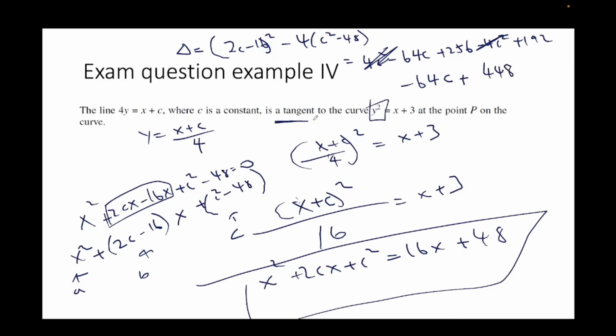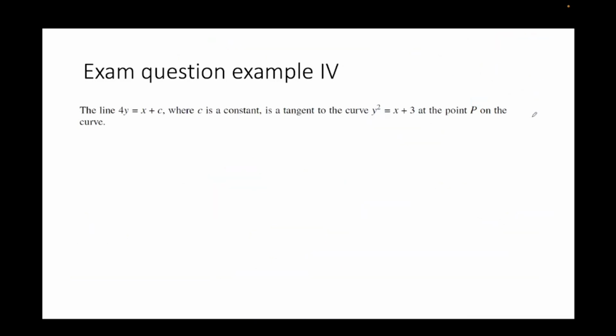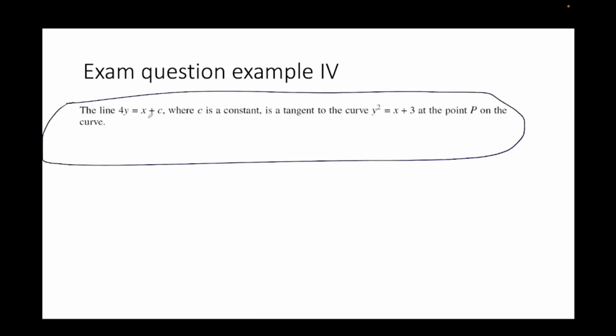And then we're dealing with tangent, aren't we? Tangent just means the straight line and the curve touch at one point. So one solution, one answer, which means the discriminant is equal to 0, isn't it? And do you see that perfectly allows you to work out the c value? Yes? This question is not complete, but it's pretty obvious you want to work out what the c value is.